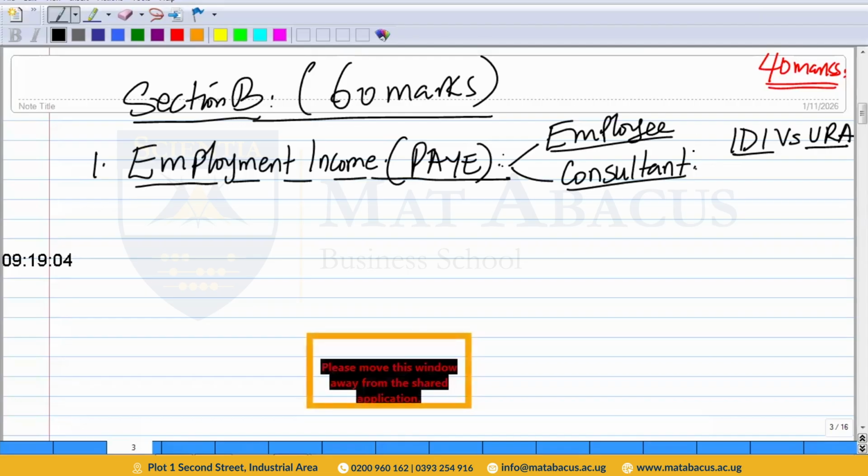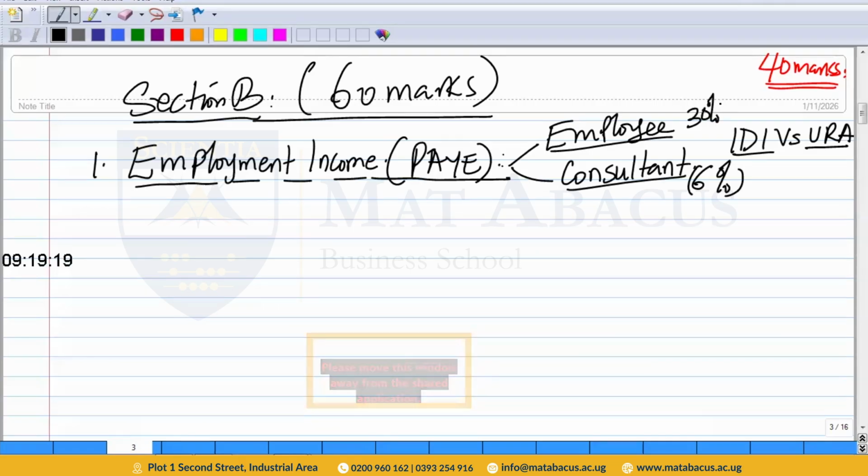recategorized consultants as employees, because you know consultants pay tax at 6%, and employees pay taxes according to the pay schedule, to the tax bands, averaging at 30% to 40%, depending on the level of income. So IDI was paying only 6%.